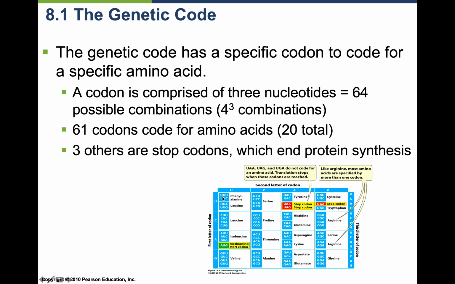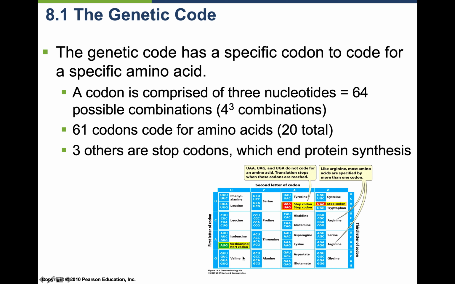If you're looking at it here, essentially UUU and UUC are going to make phenylalanine. Jump over here, these 4 combinations of nucleotides are going to make arginine, okay? And arginine is found in multiple, so there are actually 6 combinations for arginine, right?